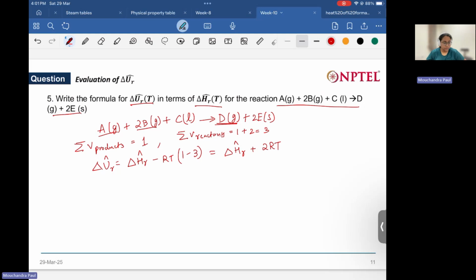Okay, this is how you will write it. That is the formula you would get.